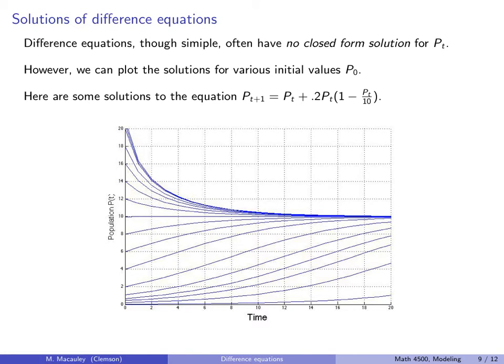If we take the logistic equation and put in actual values for things like R and M, you get curves that look like this. And when I say curves, really these things should be discrete. So if you start out with a population of 4, and then the next day you get this, the next day you get this, and the next day you get this, you don't really get a smooth curve.